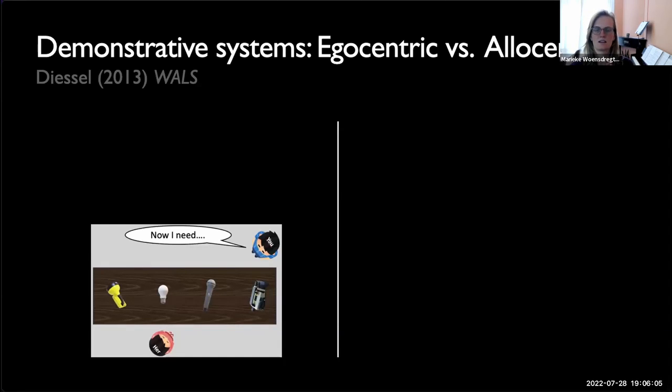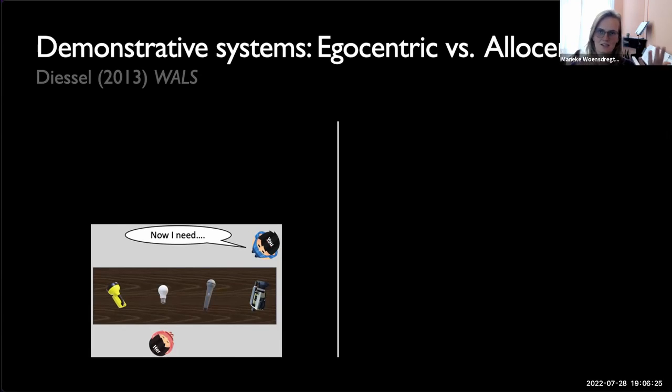In fact, in linguistic typology, a classification has been made between what I call here egocentric demonstrative systems versus allocentric demonstrative systems. The actual technical linguistic typology terms are distance-oriented systems versus person-oriented systems.